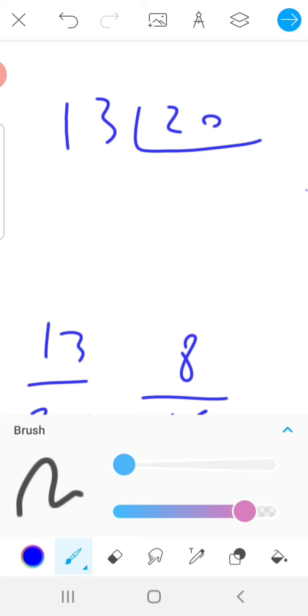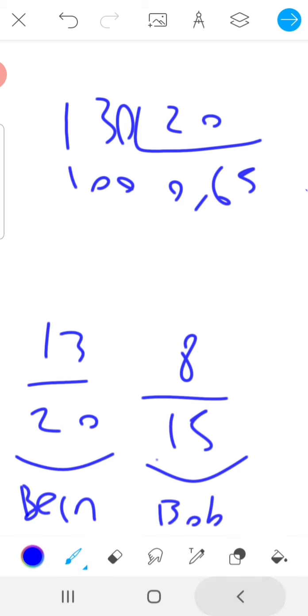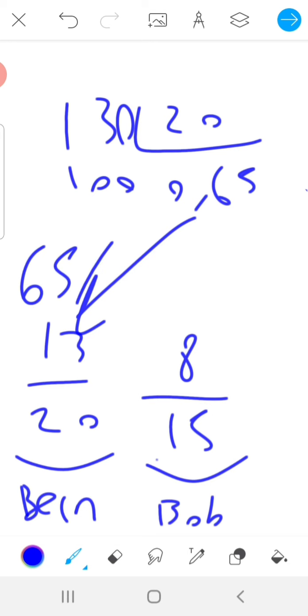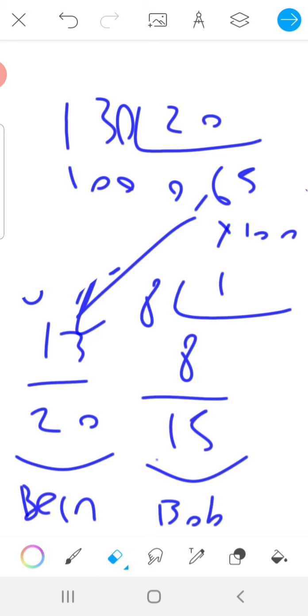Okay, 13 divided by 20, 0 point something, so that means that 20 goes into 130 six times with a 10 rest, and we add a 0 there, and 5, 0.65. So that means he has a 65% chance of hitting, because remember, we had to do times 100. And the other person is 8 out of 15.